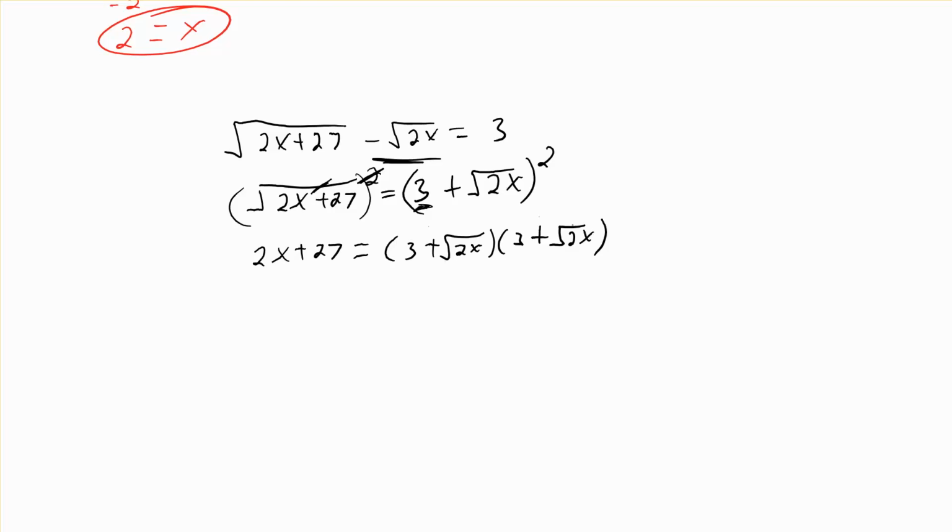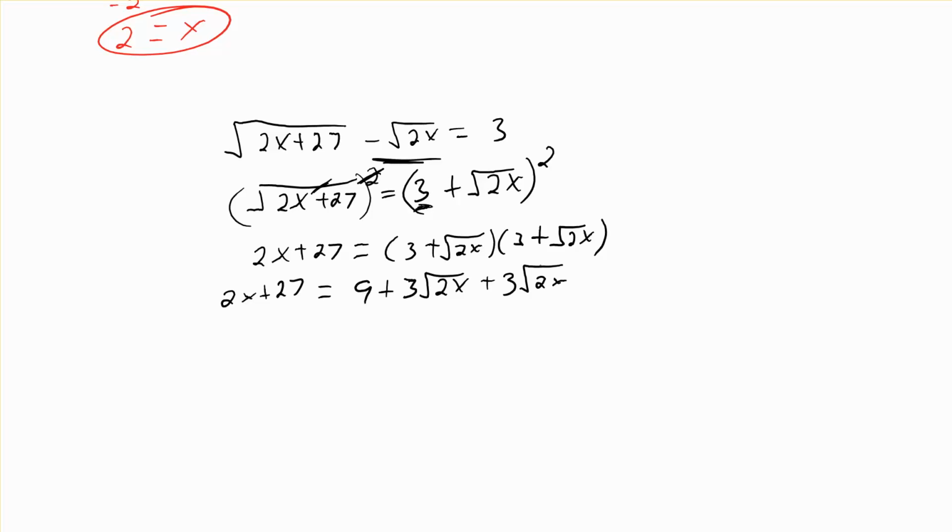Okay, now what we've got to do is FOIL again. So I'm just going to rewrite this on this side again. So 2x plus 27 is equal to 3 times 3 is 9, 3 times square root of 2x is 3 square root of 2x, plus, again, another one, 3 square root of 2x.